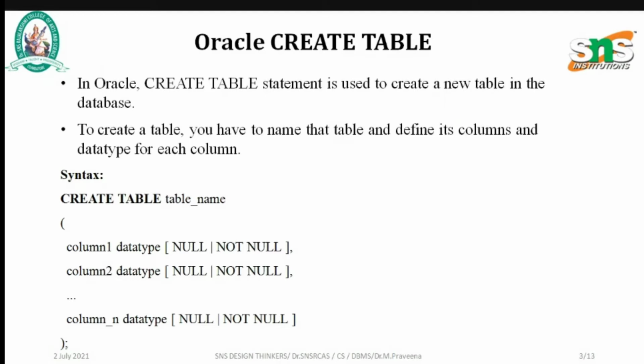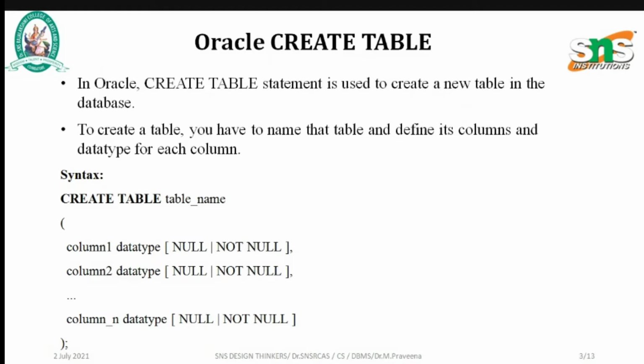So in Oracle Create Table, we are going to see how to create. For creating a table, we have to use the create table statement. The create table statement is used to create a new table in the database. To create a table, you have to name the table and define its columns and the data type for each column.